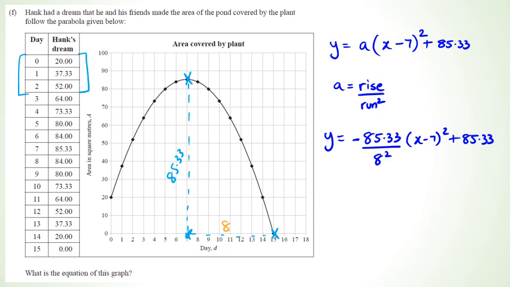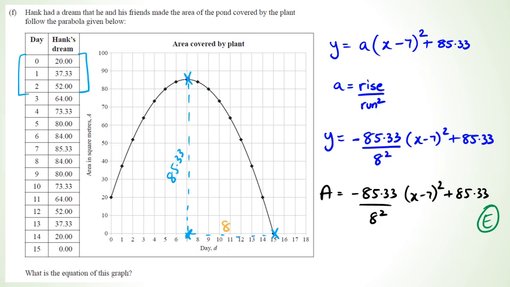Instead of y and x, just remember to put your right variables. So you're going to have a equals negative 85.33 over 8 squared, x minus 7 squared plus 85.33. And that's basically it, guys. You can leave your answer like that, and I think you'd be looking at an excellence grade with that one.